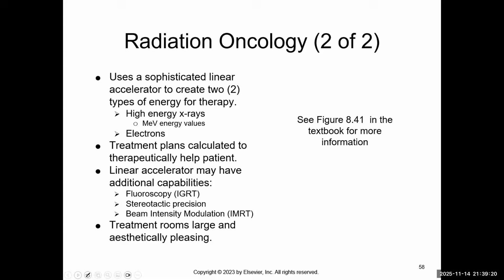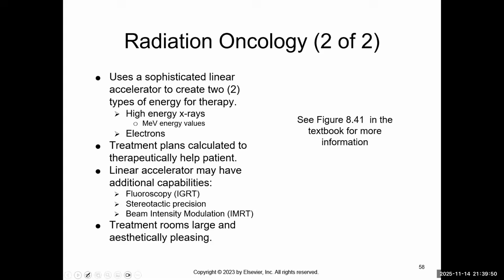All right, now in terms of advanced capabilities of those LINAC machines, some of the more modern ones can perform special techniques such as IGRT, which is image guided radiation therapy, where they use images to check the patient position. Then you have stereotactic precision, which means you're very accurate when targeting very small tumors.